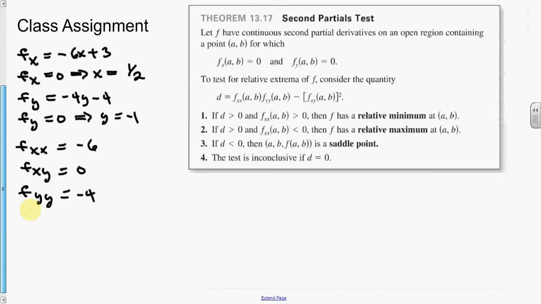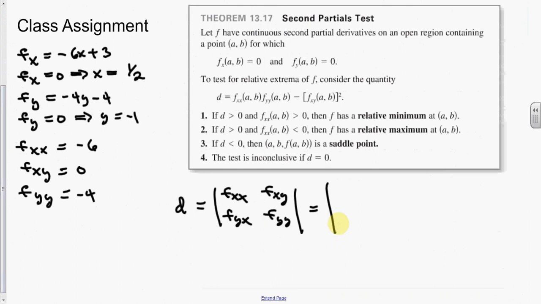So then we find D. This is f sub xx, f sub xy, f sub yx, f sub yy. That gives us negative 6, 0, 0, negative 4, and we get positive 24, right?